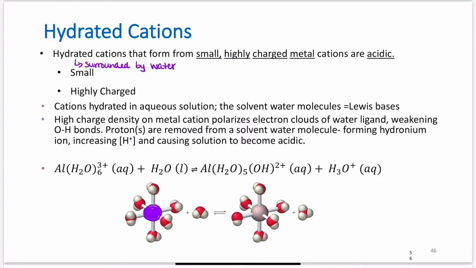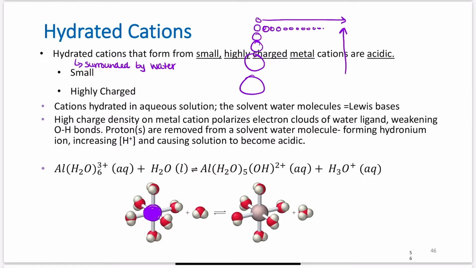Again, they're small, they're highly charged. What do I mean by that? Well, by small, if we go across the periodic table, size increases across and up the table, right? So the closer we are, as we go across, it gets smaller.